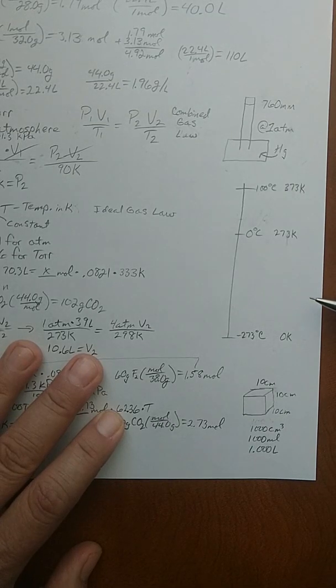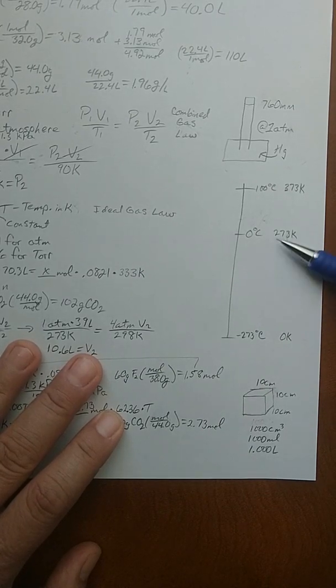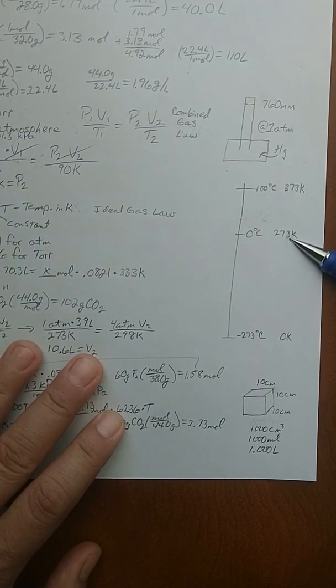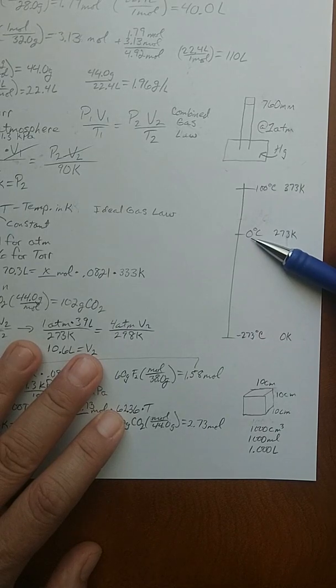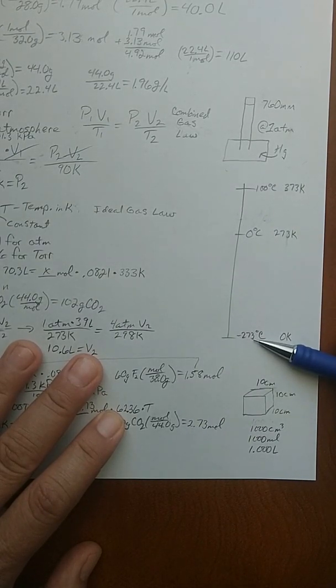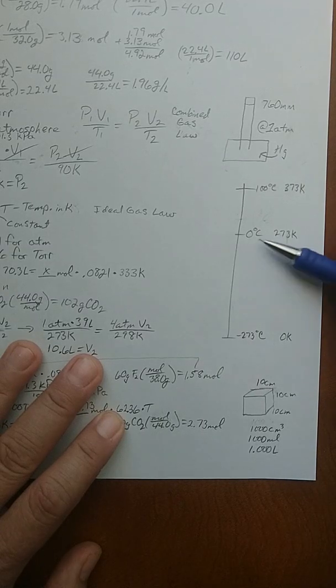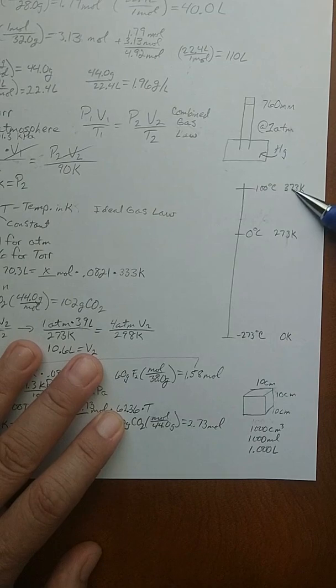So when we use the temperature in these formulas, we're going to have to use Kelvin, and Kelvin is 273 degrees bigger than whatever Celsius was. So this is negative 273, or 0. 0 is 273, and 100 is 373 Kelvin. So just add 273 to get to Kelvin, subtract 273 to get to Celsius.